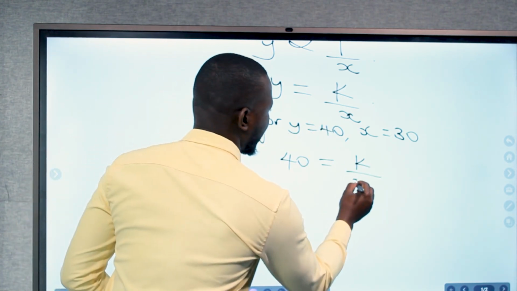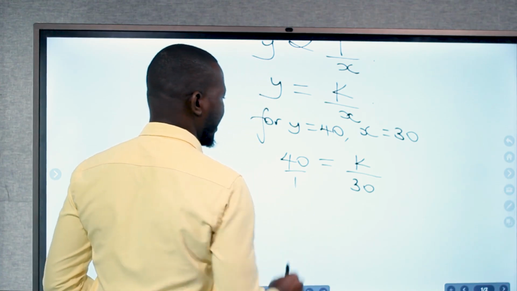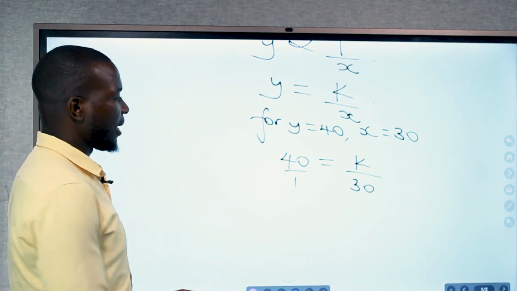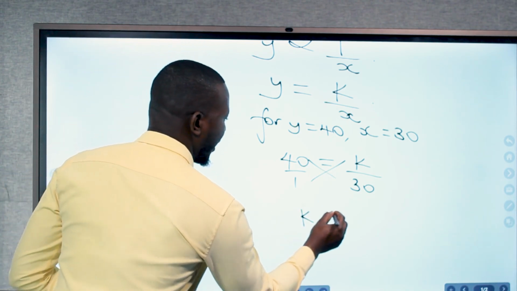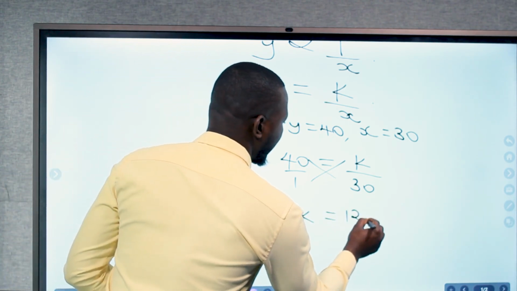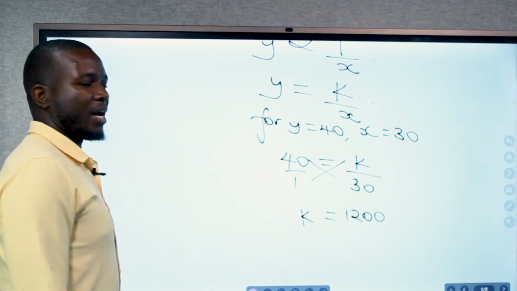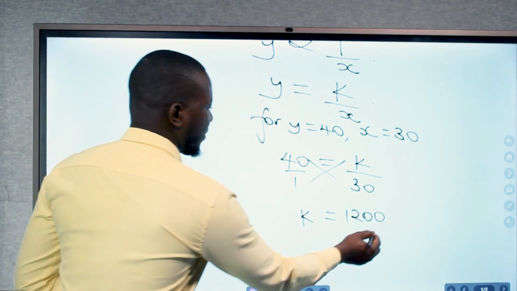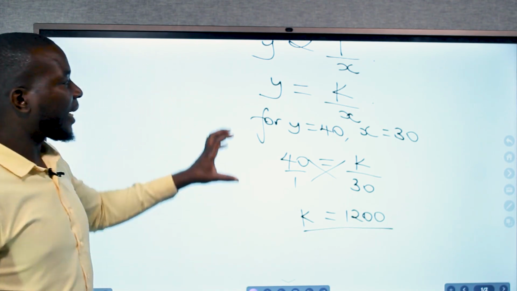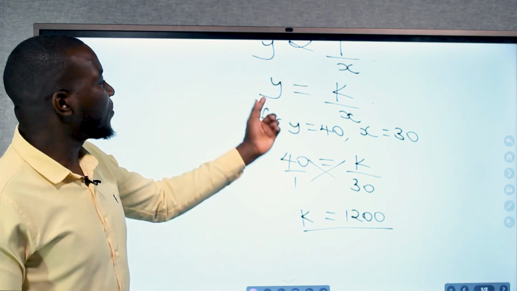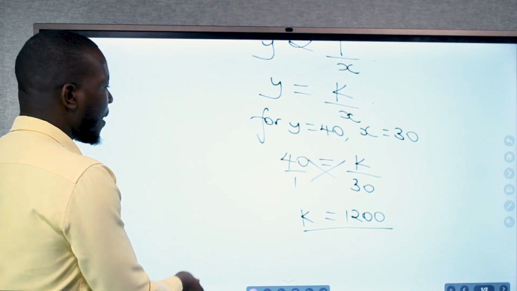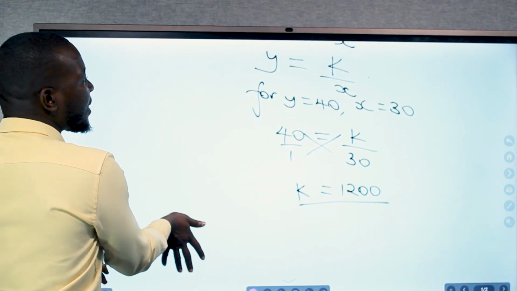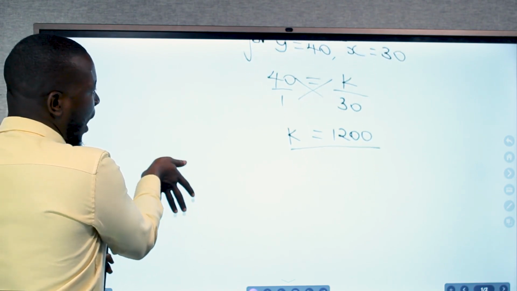Now the value of x, and any integer is a fraction. Then you can cross multiply. You will see that the value of k is equal to 1,200. After getting the value of k, you substitute it in this equation to come up with the equation connecting y and x.